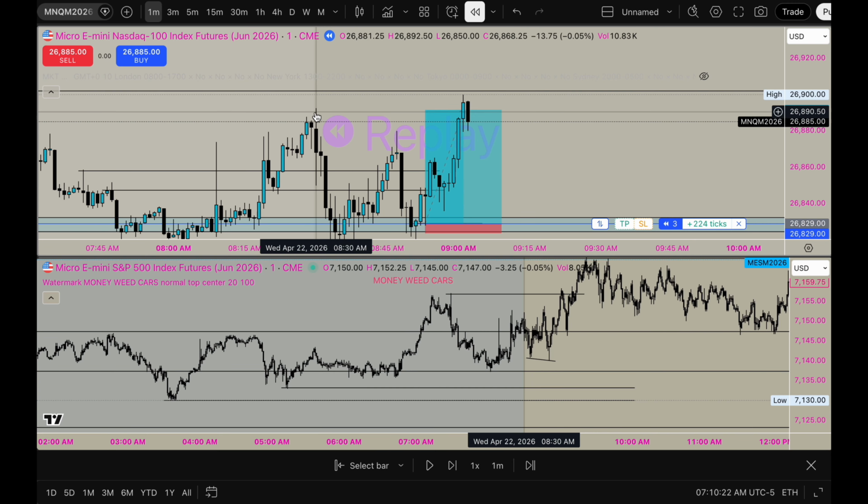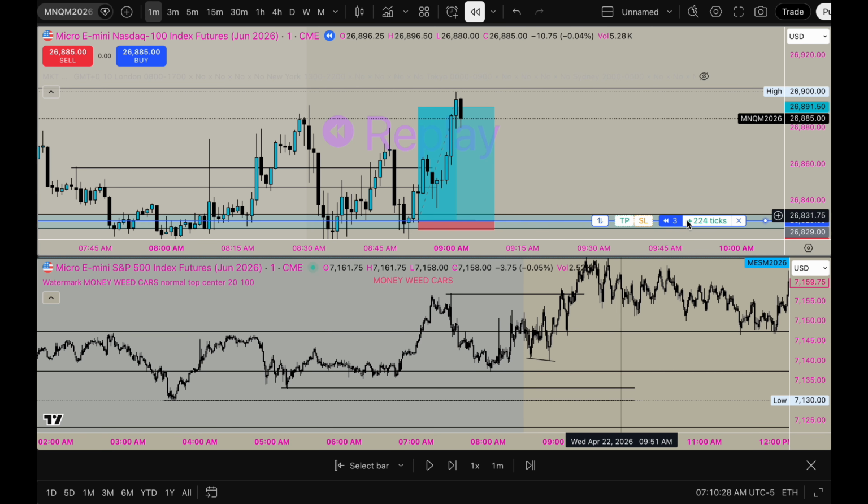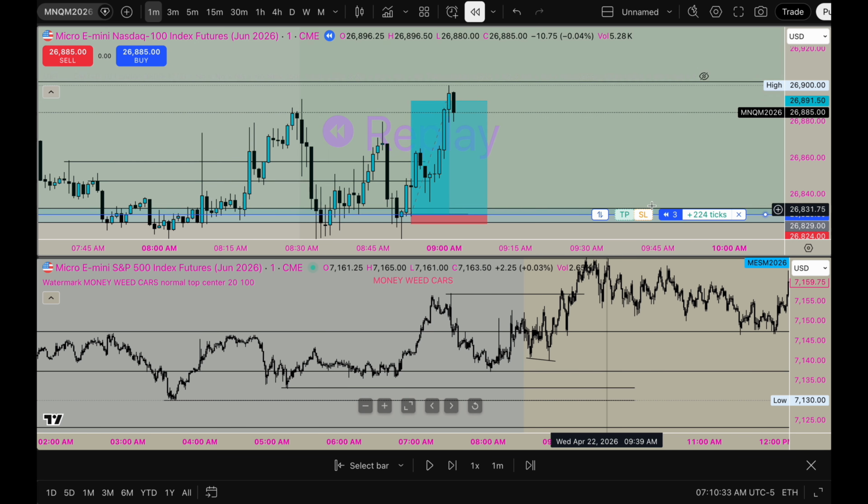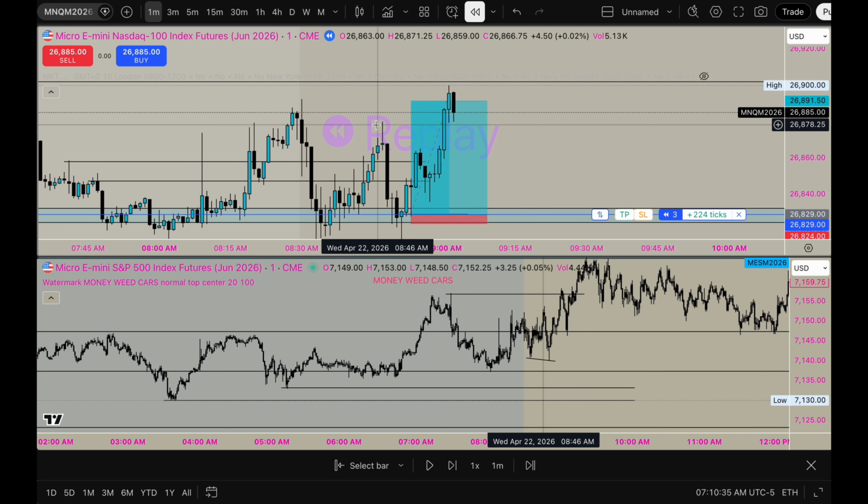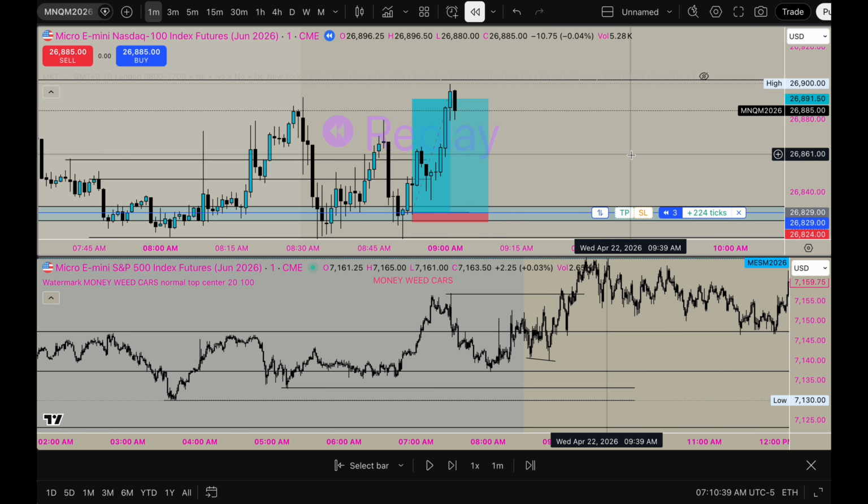As you can see here, we just hit take profit. We hit not only one, but the second, and we are up over 200 ticks. So I would usually sell right here. This is like 160. That's way more than enough.